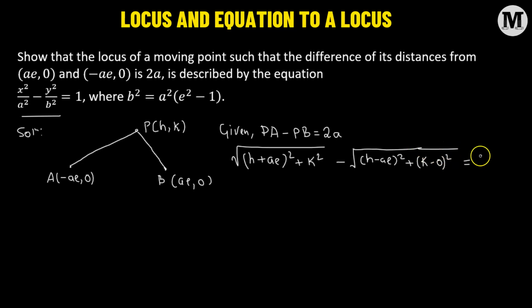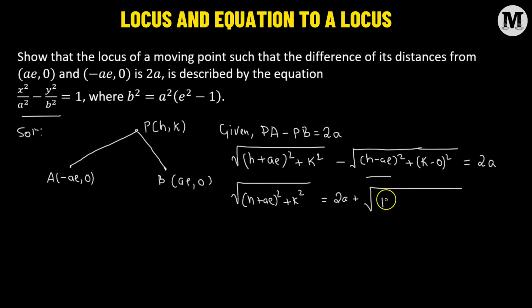This will be equal to 2a. Now we have the square root of (h plus ae) whole squared plus k squared. Now we'll transpose the second term to the right hand side. We get 2a added to the square root of k squared plus (h minus ae) whole squared.